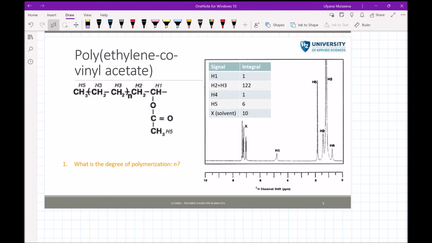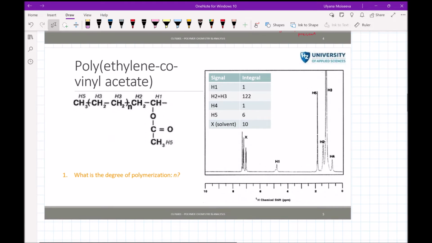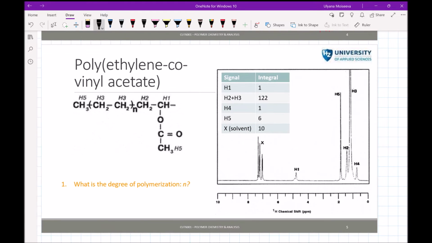This exercise is a little bit different from the one we solved previously, because in the previous exercise we were shown integrals for end groups separately and integrals of our repeating unit also separately. But here we have a lot more integrals.